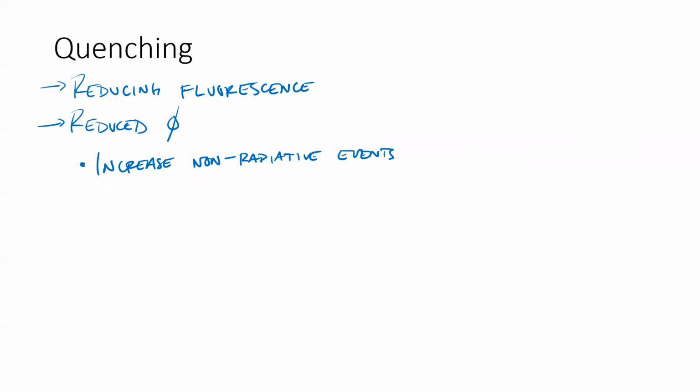It can just vibrate and lose energy and vibration all the way from S1 to S0. In order to do that, it needs to be moving a whole lot. And so if we move a whole lot, what's our temperature going to be? High. Thanks, Abigail. Yeah, so an increase in non-radiative events could be things like, let me change colors here, increased temperature.